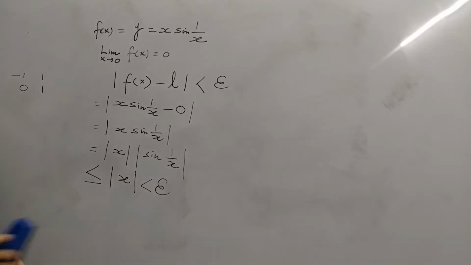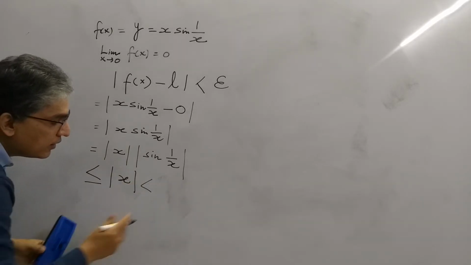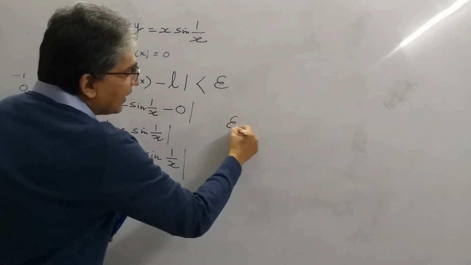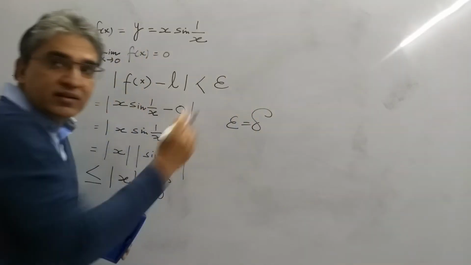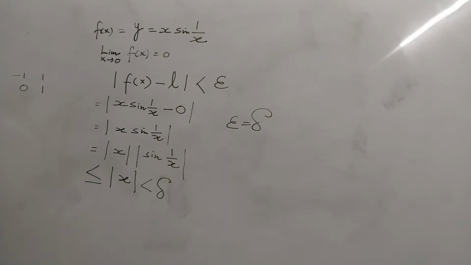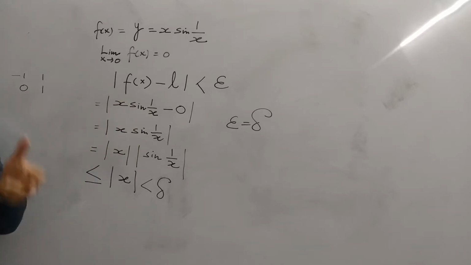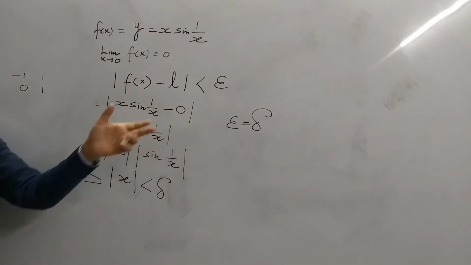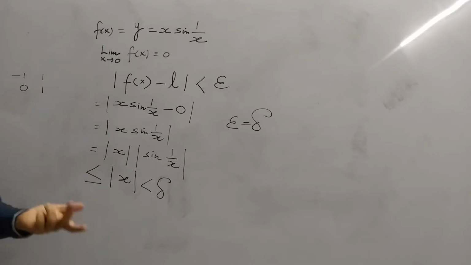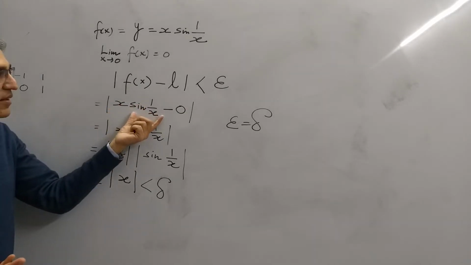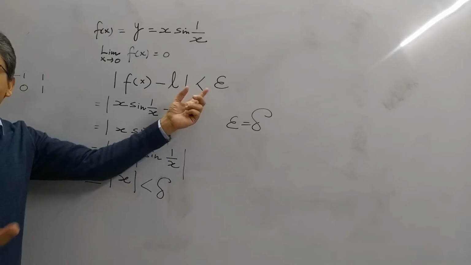So what I'll do, I'll choose my delta to be the same. Now the meaning is that I have chosen epsilon equal to delta. In the last case, delta was 1/5 of the epsilon. Now in this case, epsilon is equal to delta. That means the function is moving from the limit by less than epsilon.